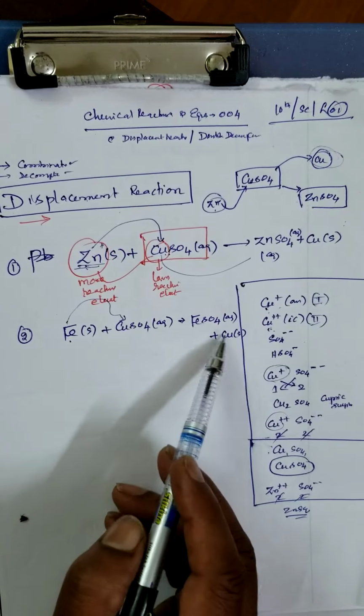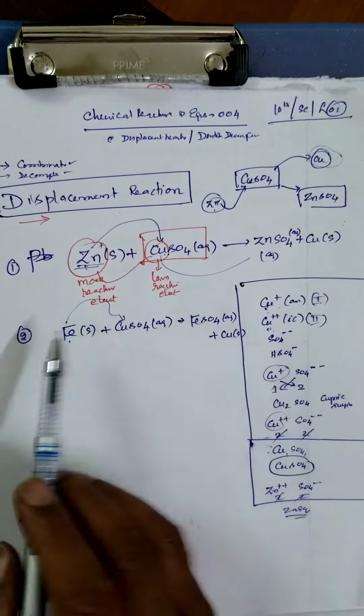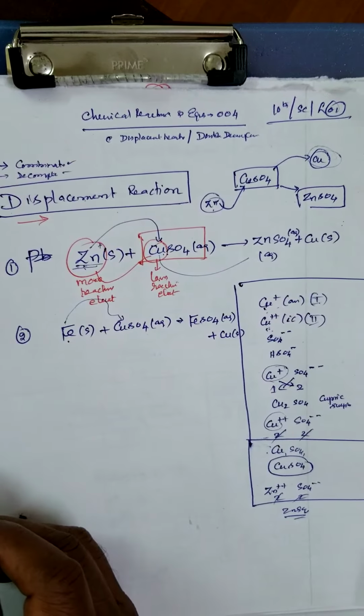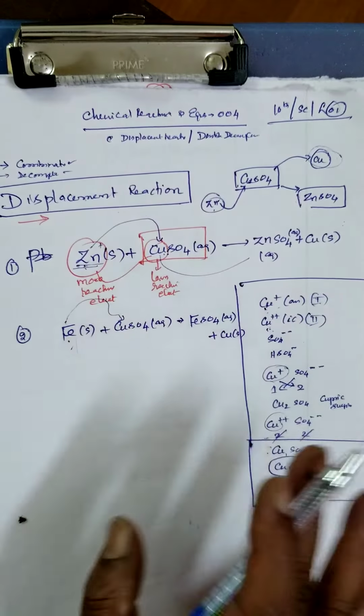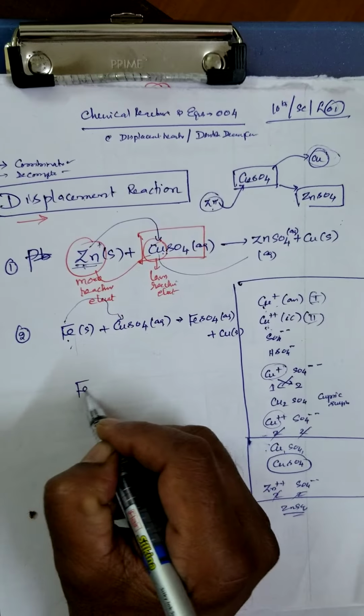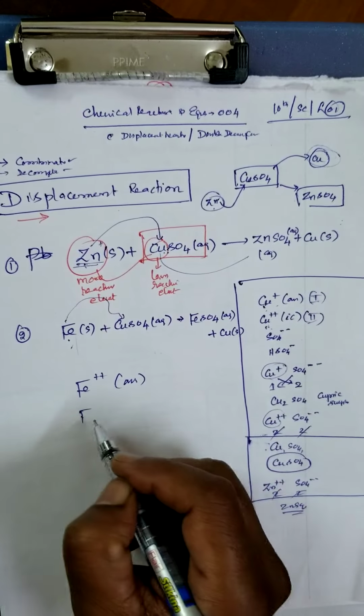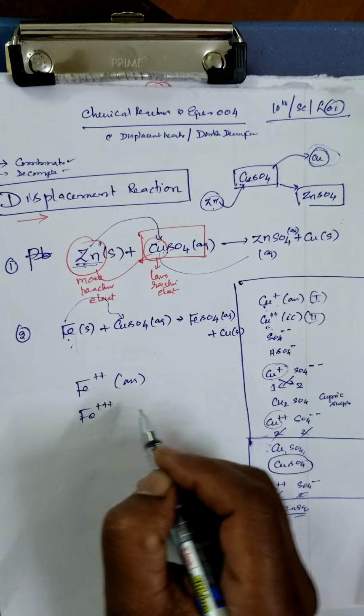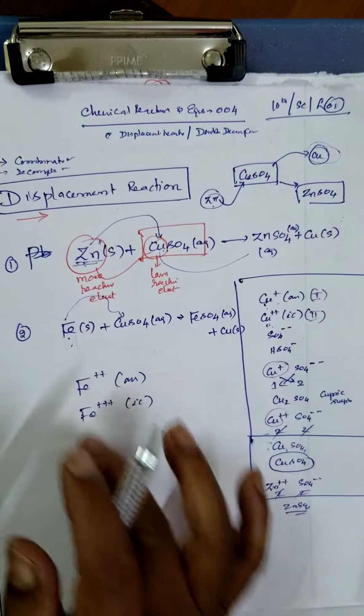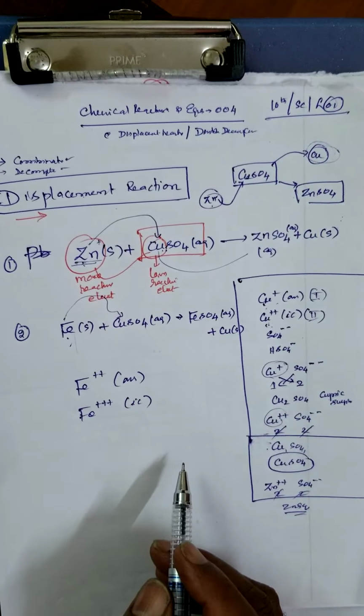Fe, Cu, 1 S, 4 O, everything is balanced. Therefore, you can give any two examples. And again, just remember, this is ferrous and this is ferric. Just remember, ferrous and ferric.